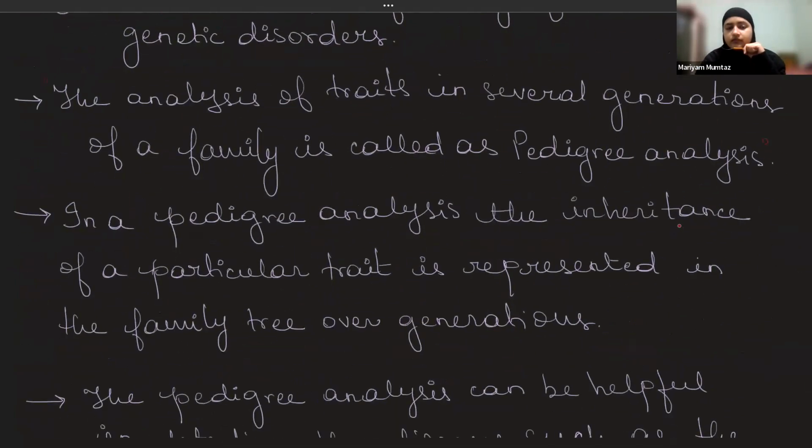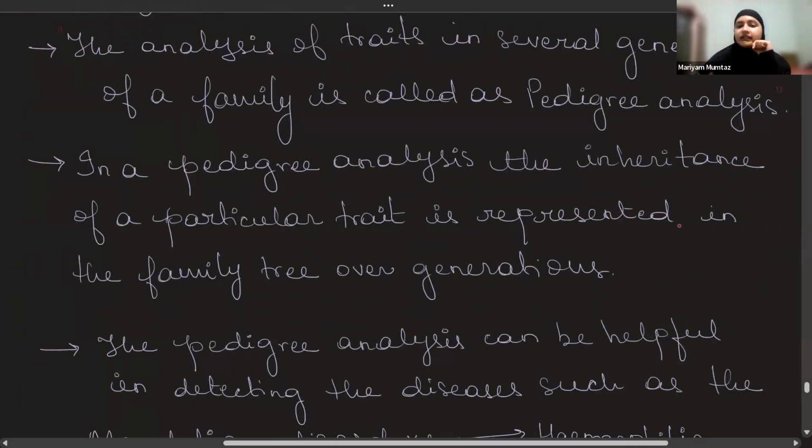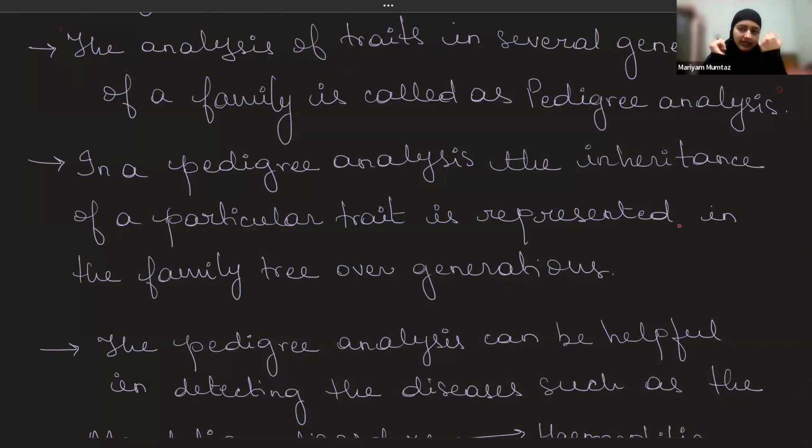Now, in a pedigree analysis, the inheritance of a particular trait is represented in the family tree over generations. So pedigree analysis is not just for one child or one set of parents. It is for certain generations. If we want to trace down the inheritance, we use pedigree analysis.